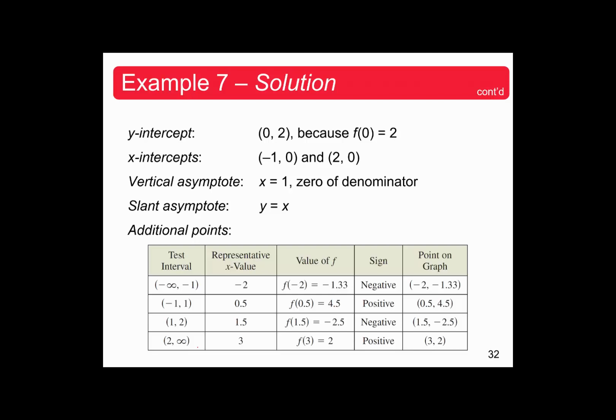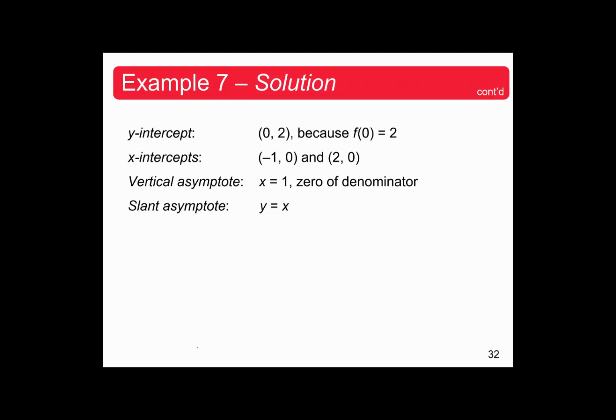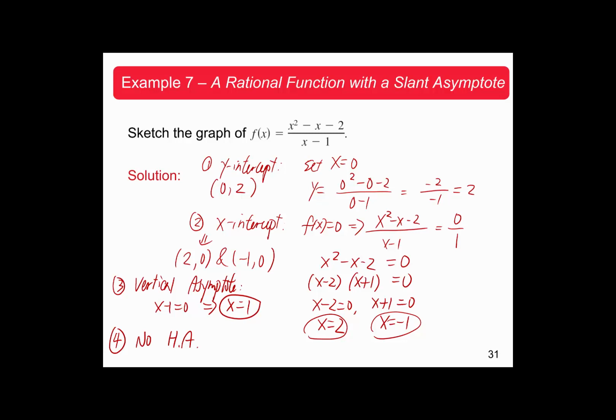Let's do it here to show the calculation. In order to find the slant asymptote, long division: x squared minus x minus 2 divided by x minus 1.